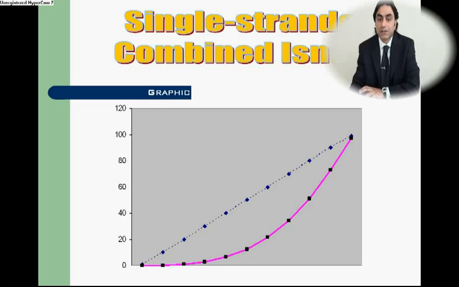In conclusion, we can say that in single-stranded combined Isnads, the degree of the reliability probability that the narration belongs to the source to which it is attributed, to a large extent, depends upon the reliability coefficients of narrators.